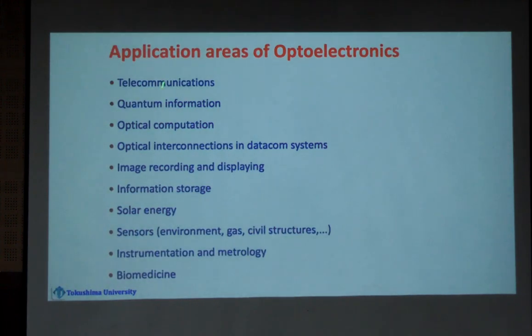In optoelectronics, there are several applications. It starts from optical fiber like telecommunication, quantum information, or optical computation, optical interconnection by datacom. These are related to optical communication. And other applications are related to imaging, holography, barcode reading. Those are optoelectronic applications.